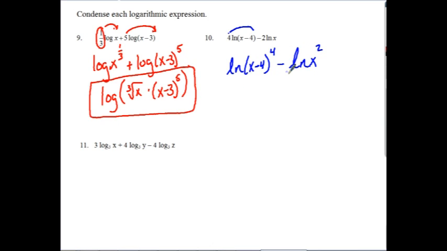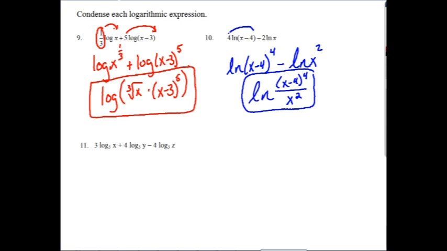Now again, if add means multiply, minus changes into your division. So natural log of (x minus 4) to the 4th all over x squared. And again, we've changed it from 2 natural logs on down to 1, and that's as far as we can take that guy right there.